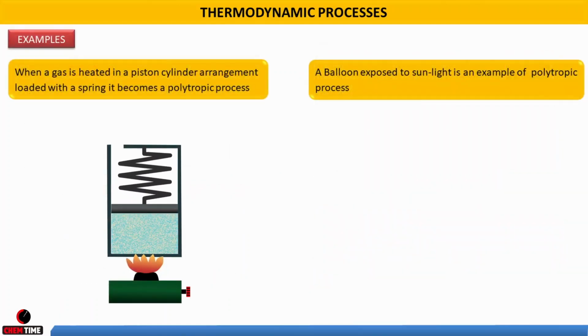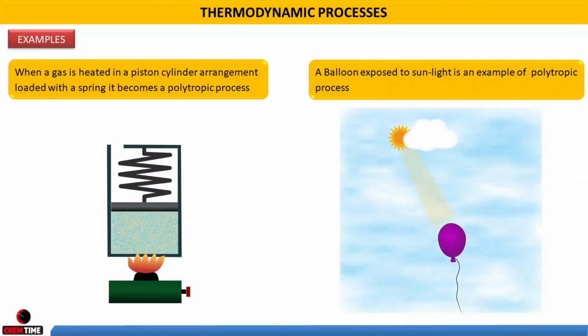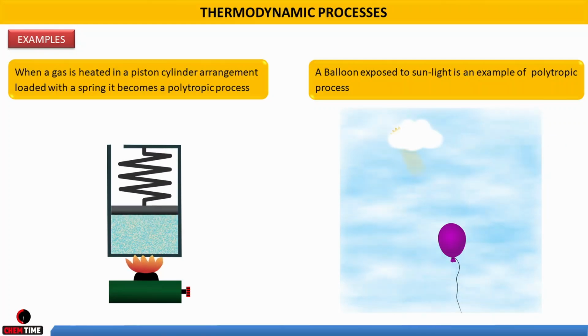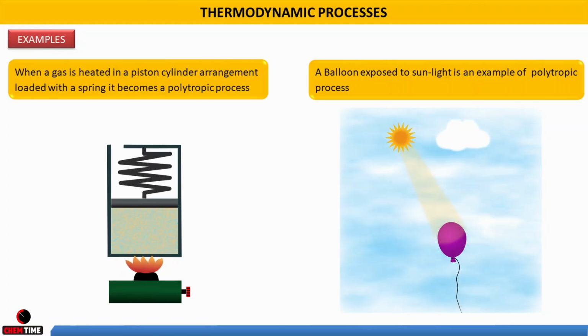Similarly, when a gas is heated in a piston cylinder arrangement with a spring as shown in the diagram, the process becomes polytropic. Similarly, blowing a balloon in the hot sun also falls under the category of polytropic process.